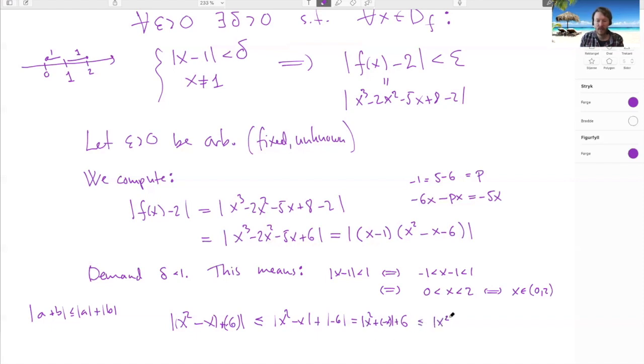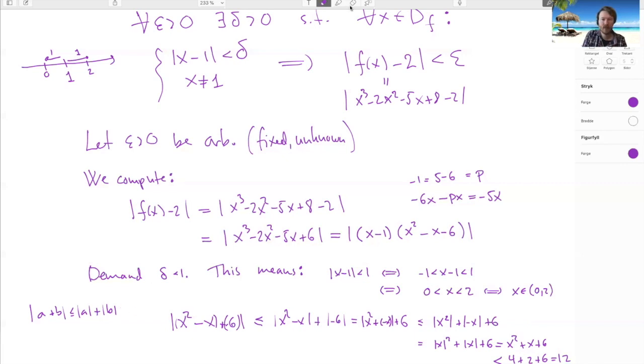I get the absolute value of x squared plus the absolute value of minus x plus 6, but the minus gets killed here as well. And the absolute value of x times x is the same as the absolute value of x times the absolute value of x. So I'm getting this. And now x is in 0, 2, so all the x's are positive. So here I'm having x squared plus x plus 6, where all of these x are less than 2. So this is less than 4 plus 2 plus 6, which is equal to 12.